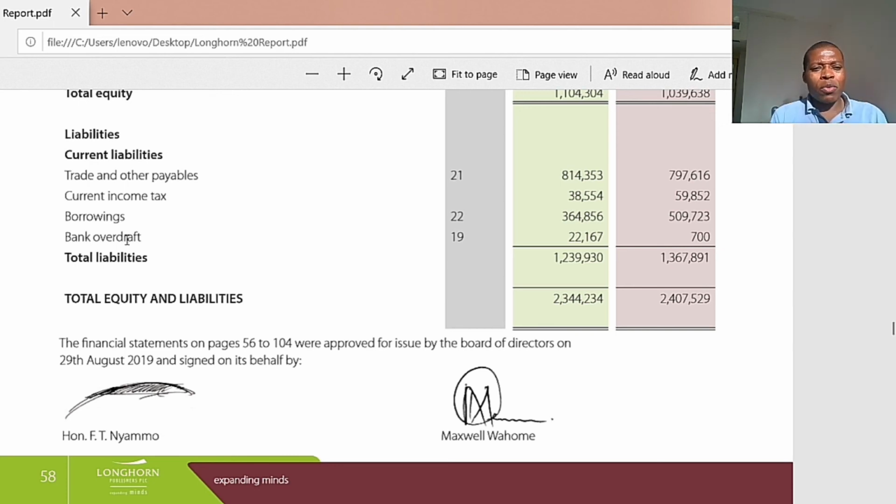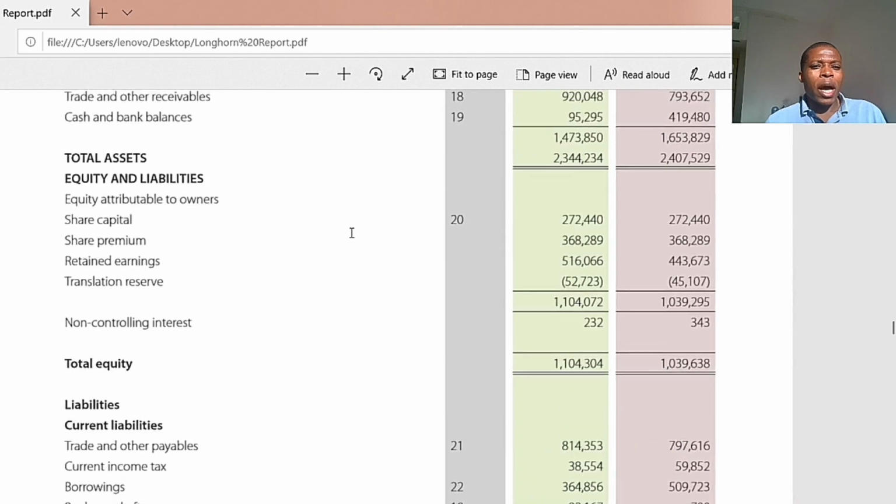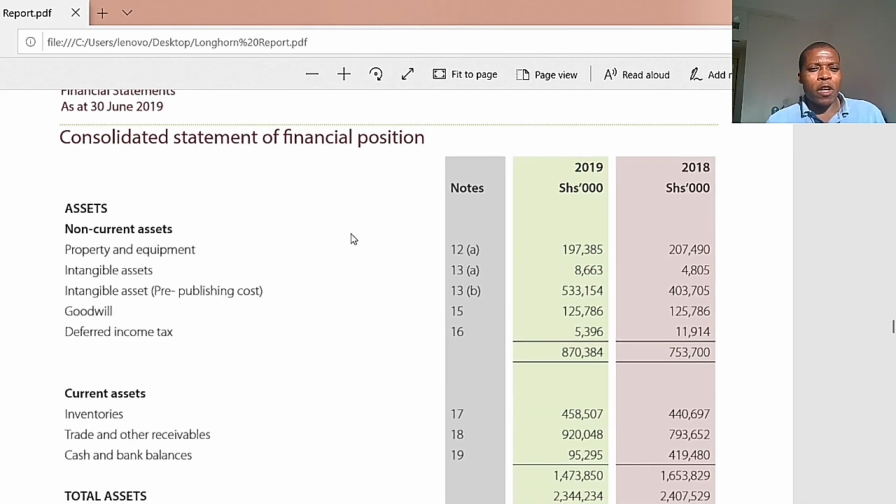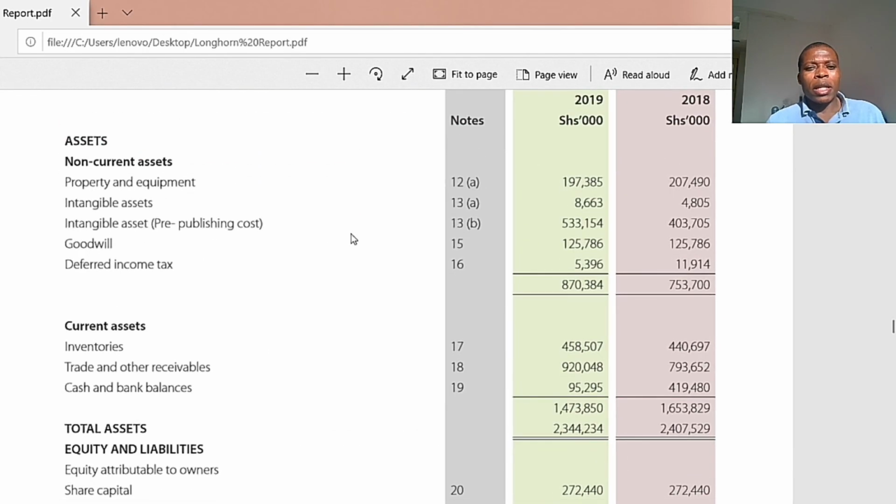But something to note about the balance sheet, for example, on liabilities in general, if over time the current liabilities are increasing, for example in the past 5 years, and they are not reducing, mainly borrowings, that is a negative sign. And also if you go to assets, and if assets are increasing over time, that is a good sign. This one, intangible assets, you should always look for it.